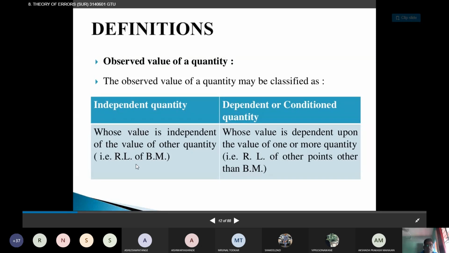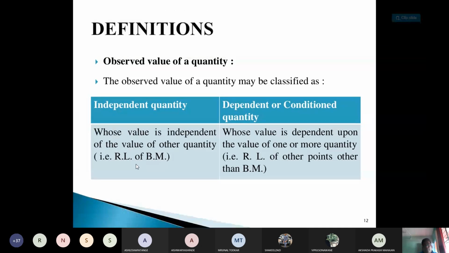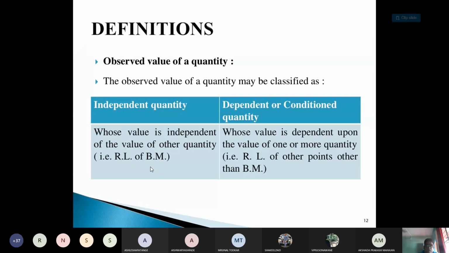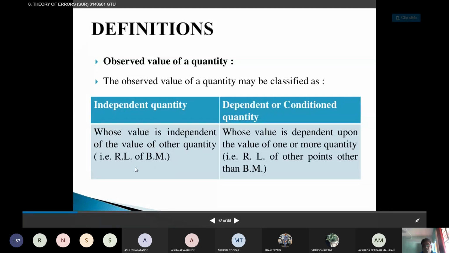Suppose while going for the field survey, I have to fix the RL of the benchmark as 100 meters. Then with reference to that point you compute all the observations. You have taken the observations with the help of this benchmark, so the RL of the benchmark is fixed and is the independent quantity. By referring to this, we calculate other quantities, and those are the dependent quantities.